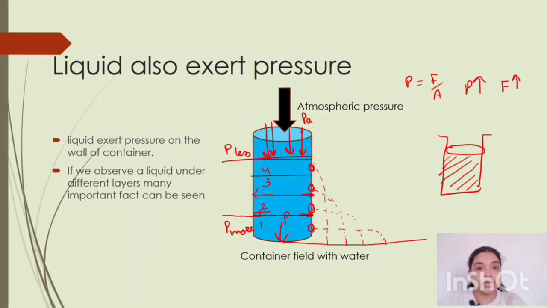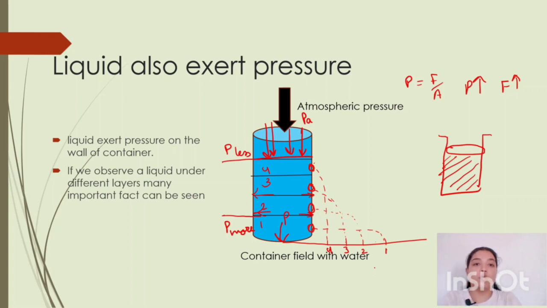Here the pressure is increasing in the downward direction, so the force applied on the water also increases. This is because of the fourth layer, this is because of the third layer, this is because of the second layer, this is because of the first layer. So the distance traveled by the water increases.